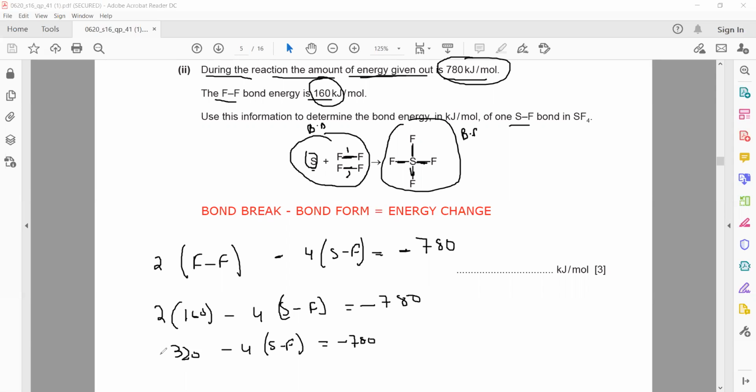Minus 780: 320 is added there, on the other side it will be subtracted. So minus 4 SF is equal to minus 780 minus 320. Minus 780 minus 320 will make minus 1100.